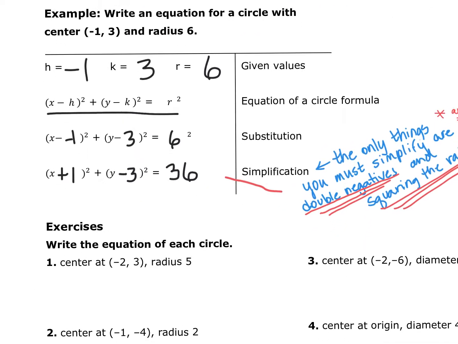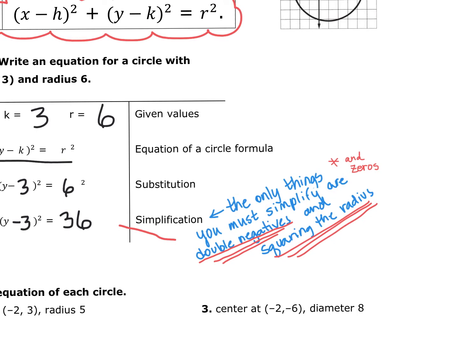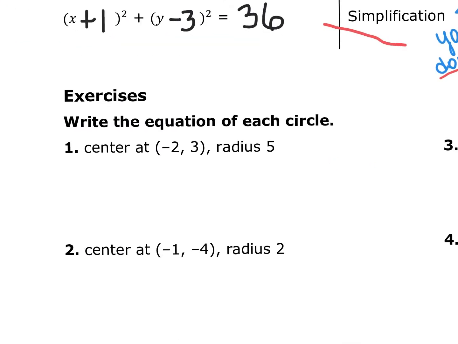Okay, so now let's look at the exercises. We're going to write the equation of each circle. So our center is at (h, k), which is right here, and our radius is 5. So we're going to substitute into our formula, (x − h)² + (y − k)² = r². We substitute in our h and k.